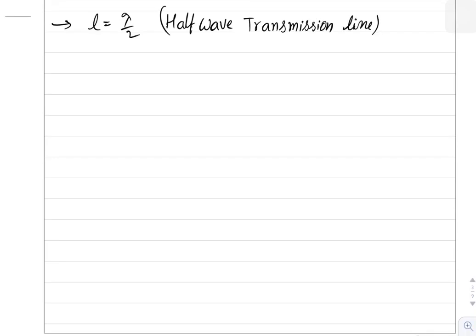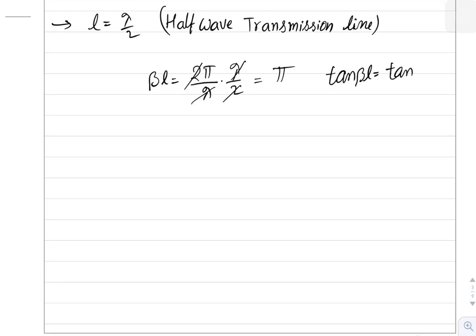If L equal to lambda by 2, then beta L equal to 2 pi by lambda into lambda by 2. Lambda gets cancelled, 2 gets cancelled, therefore it is pi. And you know that tan beta L equal to tan pi, which is equal to 0.